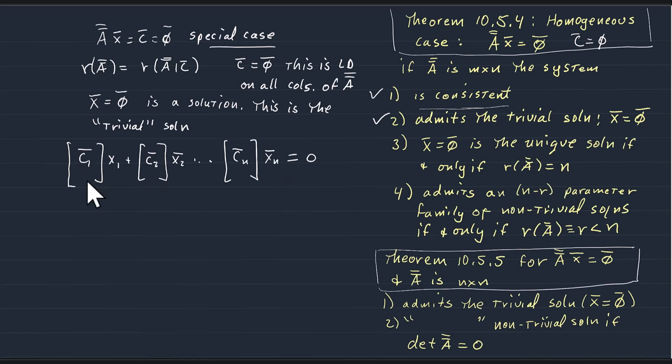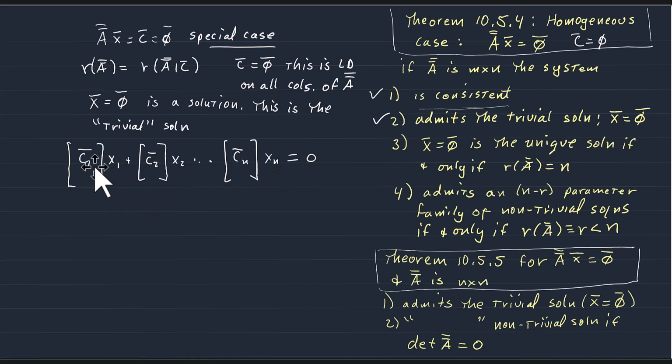If the columns are linearly independent from one another, then the only way to get 0 is if these x's are all zeros. Sorry, this is not a vector x2. This is the second element of vector x, and this is the nth element of vector x.